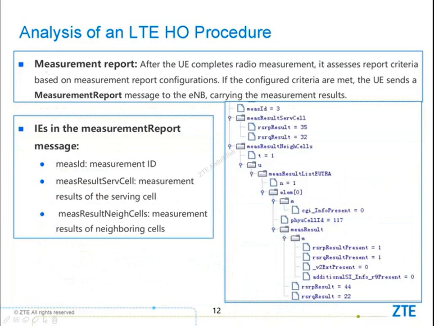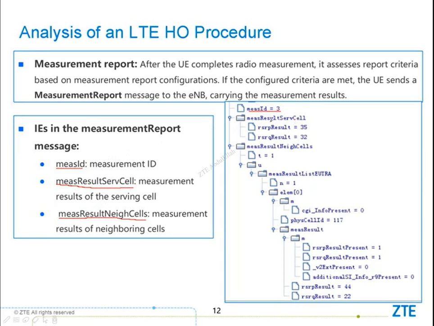Next is a measurement report. So the UE will report measurement results to the eNodeB, right? Which information? First, we can see the measurement ID, because this ID has already been sent by the measurement control message. For example, here the UE reports measurement ID 3, okay? And the UE will report the measurement result of the serving cell and the measurement results of neighboring cells.